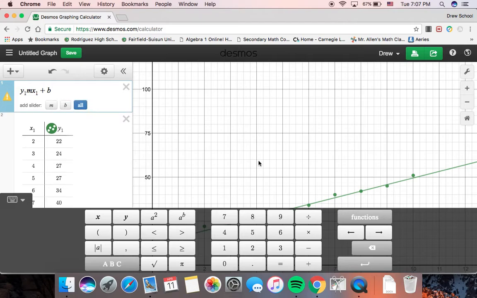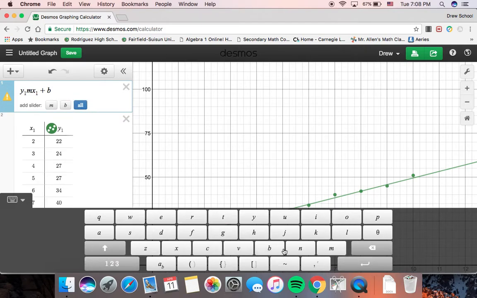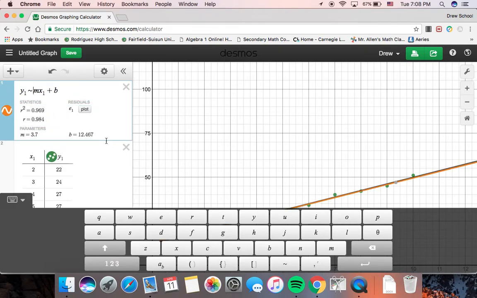Oop, I chose the wrong sign. We have to use approximately. And you can see here, now they give us the exact.